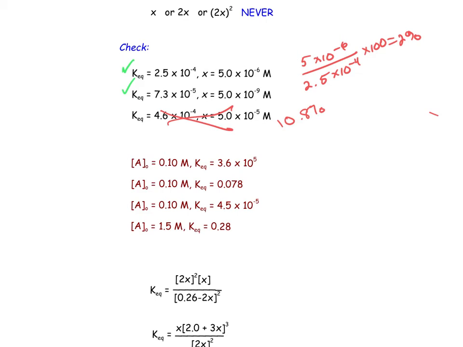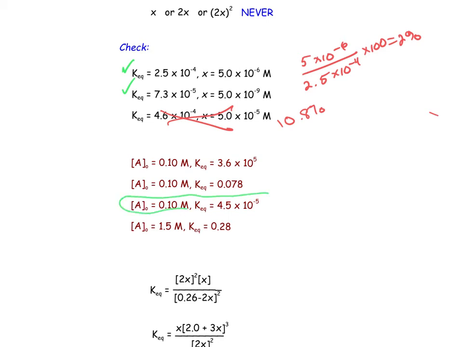Now take a look at this next set, and we have an initial molarity and we have an equilibrium constant. Decide, based on the initial molarity and the equilibrium constant, whether or not you're going to attempt to use the simplification. In this case, only one of them would really work.